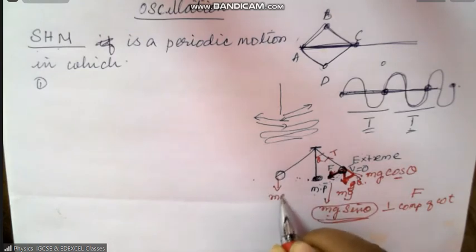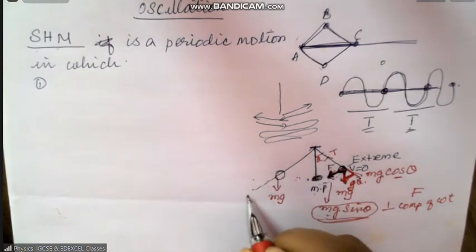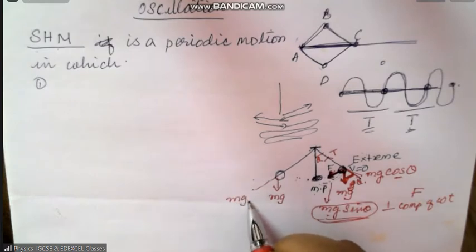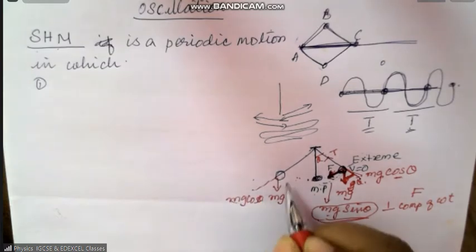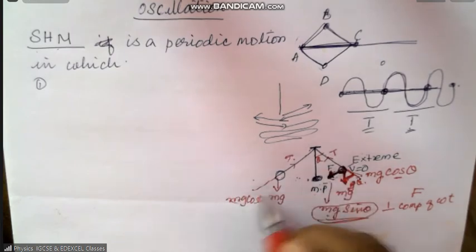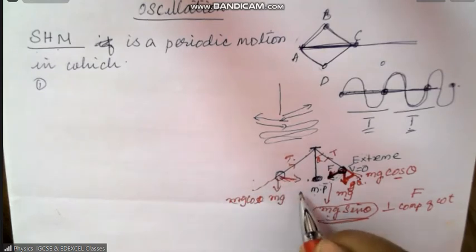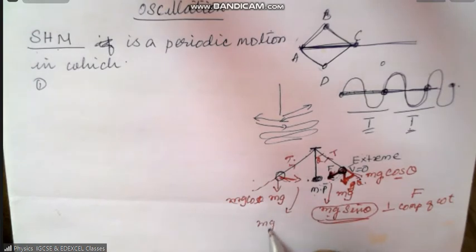This is mg. If this is theta, this will be mg cos theta. Mg cos theta will balance the tension. Mg cos theta will be equal to tension, and the other perpendicular component will be this one. This is mg sine theta again.